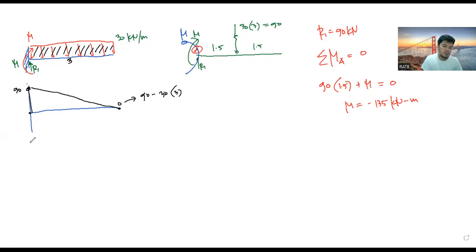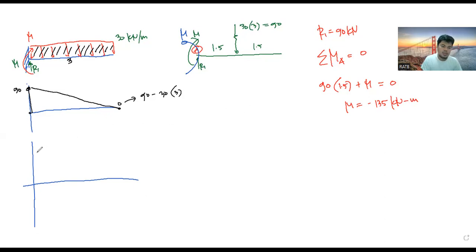And for the moment, instead of starting with 0, since we have the moment ready, you have there the moment which is 135 kilonewton meter.